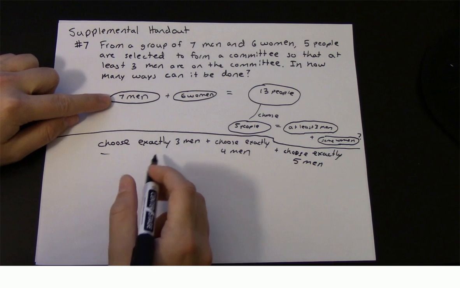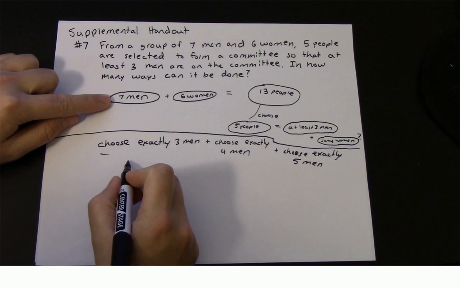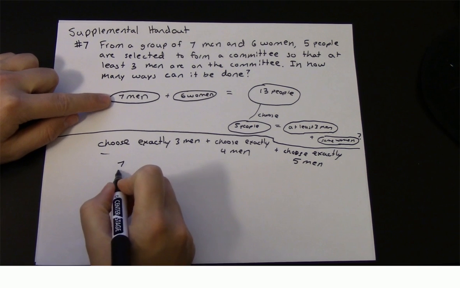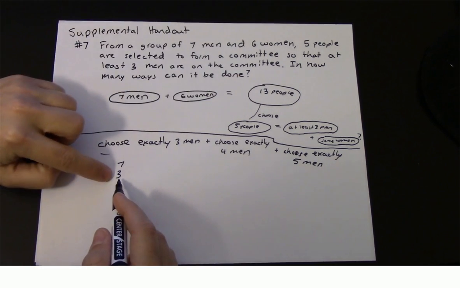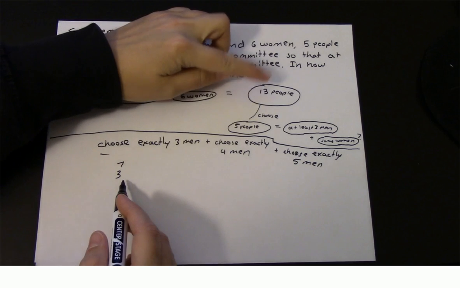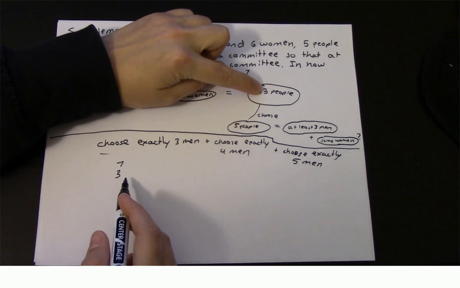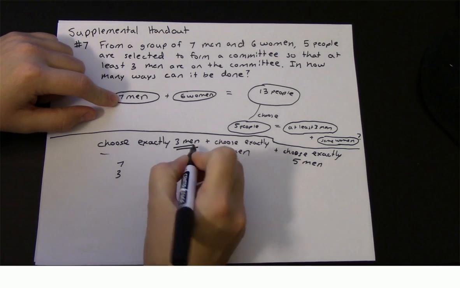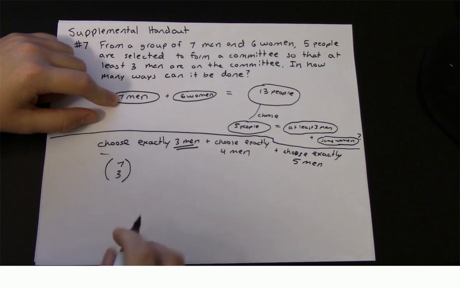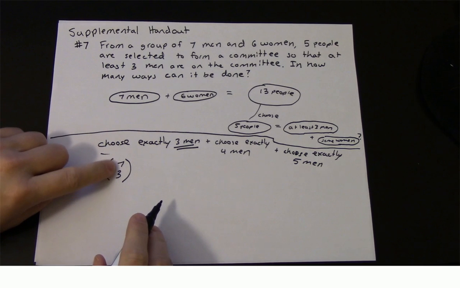Now, the number of ways that we can get exactly 3 men: you have 7 men, so we're going to choose 3 from those 7. We can't choose these 3 from the 13 because those 13 are a mix of men and women. We have to choose 3 men to be part of this count. Order doesn't matter, right?